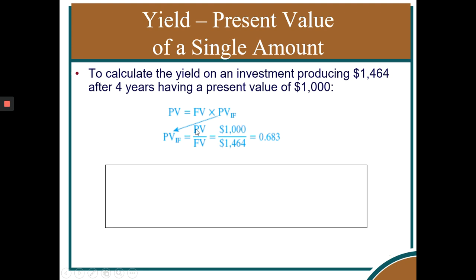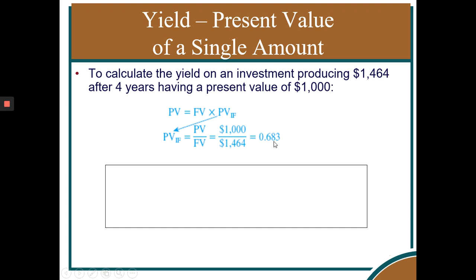Present value is 1,000, future value is 1,464, therefore your present value interest factor is 0.683. So class, this is not the final answer because this is the interest factor. Interest factor includes N and I.